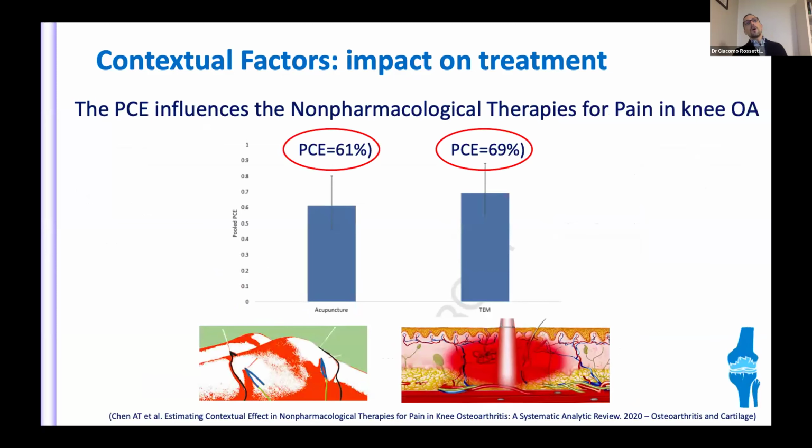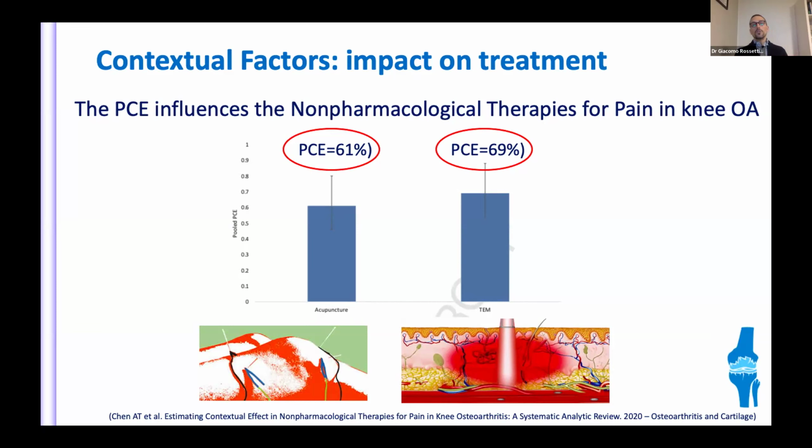Another example of how proportion attributable to contextual effects is present in treatment was described by Chan and colleagues. The authors evaluated proportion attributable to contextual effects in non-pharmacological treatments for pain in knee osteoarthritis. In particular, they considered acupuncture and topical energy modalities, which include, for example, ultrasound, laser, and transcutaneous electrical nerve stimulation.